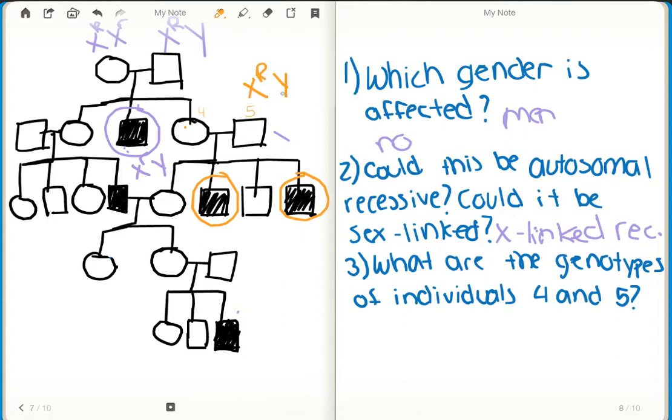Because there are only 2 options for the genotype of a male in an X-linked recessive trait: either they don't have the trait, or they do have the trait.